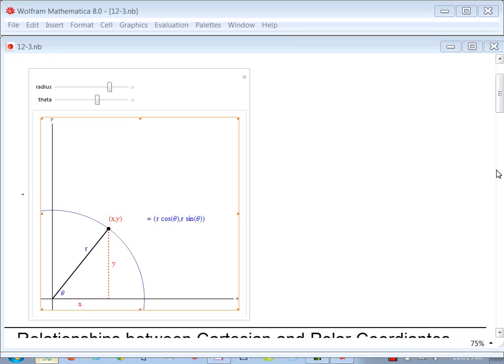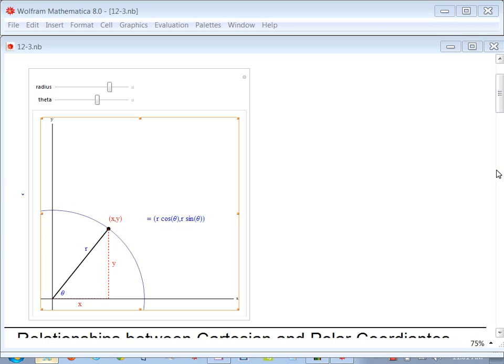Let's take a look at this. Last class we started talking about polar coordinates, and what I was trying to get you to see is that to get to a point in the XY plane, normally we have an X coordinate and a Y coordinate, but we have a new way of looking at it.